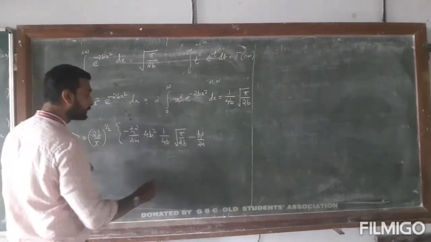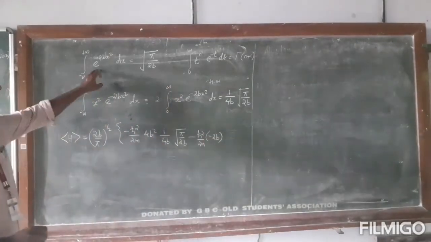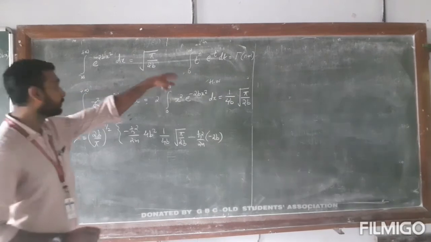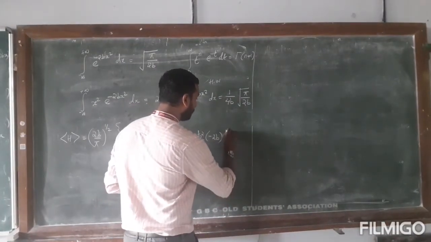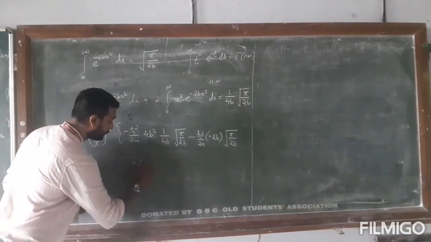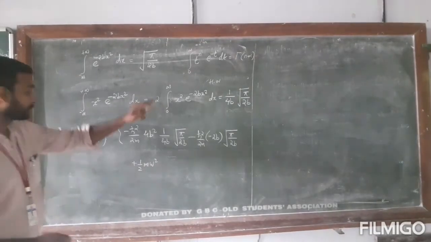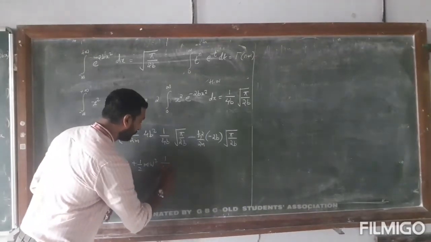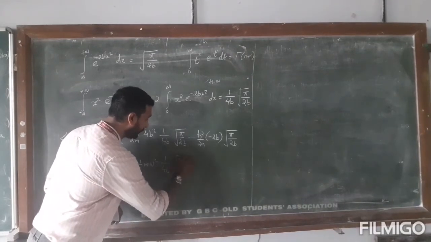Then there will be a minus 2b outside of the integration, and the next integration will give root π by 2b, then plus half mω². The next integration is this one, and that will give 1/4b √(π/2b).